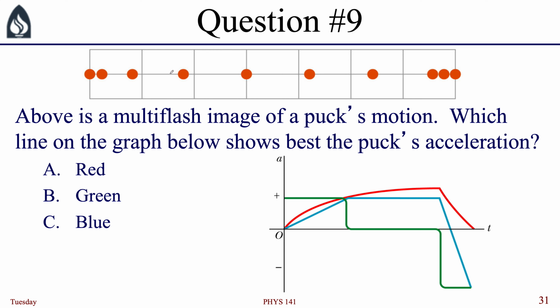On this end, the puck is slowing down, and so if it's slowing down, the acceleration would be negative. So I would actually pick the green line, because I want something where the acceleration is 0 in the middle, because the puck is moving at a constant velocity, is positive while the puck is speeding up, and negative indicating that the puck is slowing down at the end.